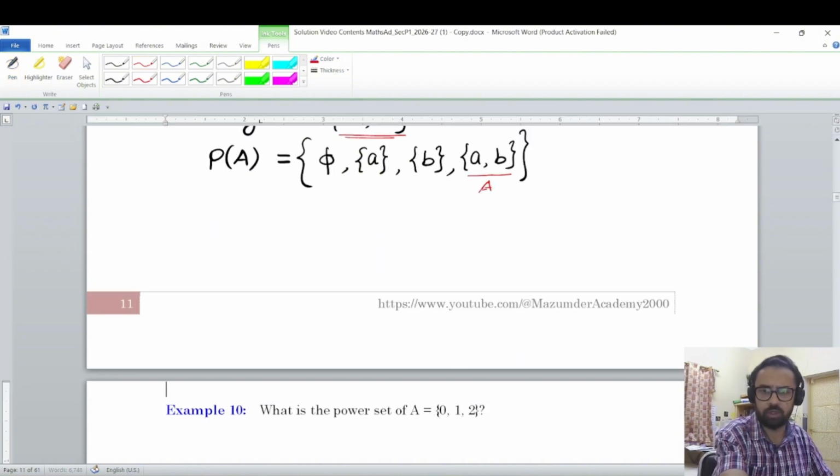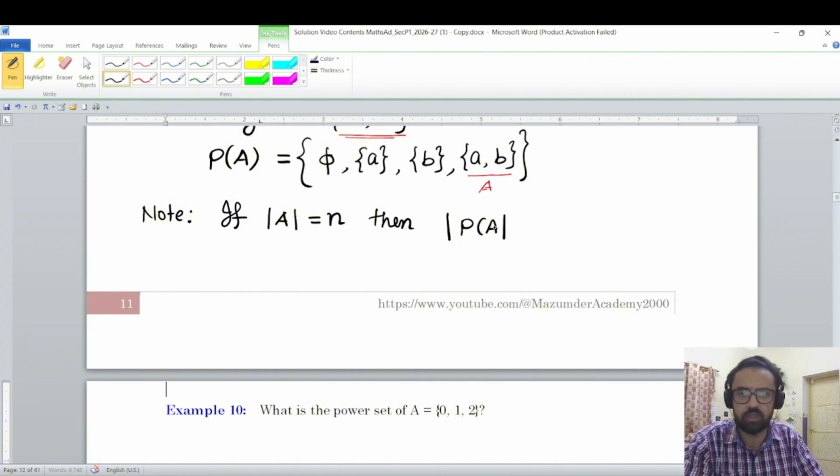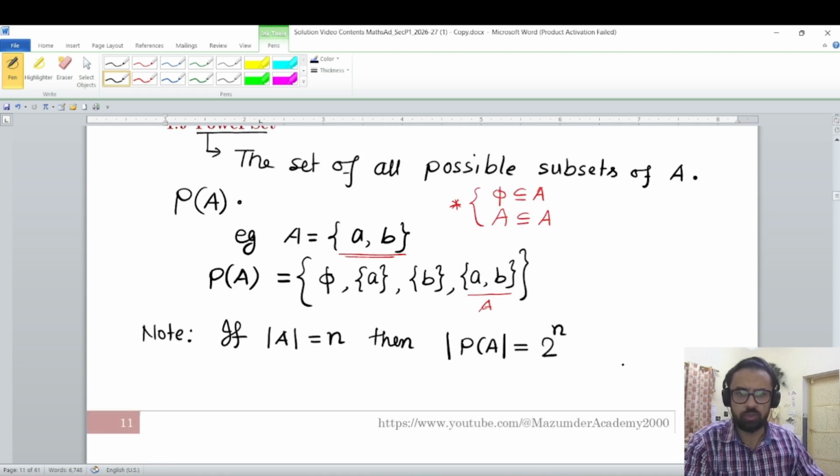Now I will write a note here. If the cardinality of the set A is n, suppose there are n number of elements in the set A, then how many elements will be there in the power set of A? The number of elements, or the cardinality of the power set of A, will be 2 power n. And if we apply this note, you can see it is applicable here.